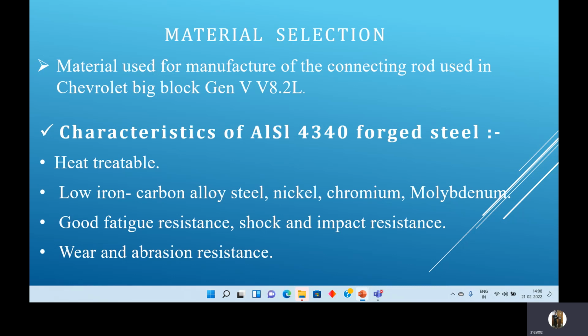It is heat treatable. It is a low carbon alloy steel with nickel, chromium and molybdenum. It has good fatigue resistance, shock and impact resistance, and wear and abrasion resistance. These are the characteristics of forged steel.